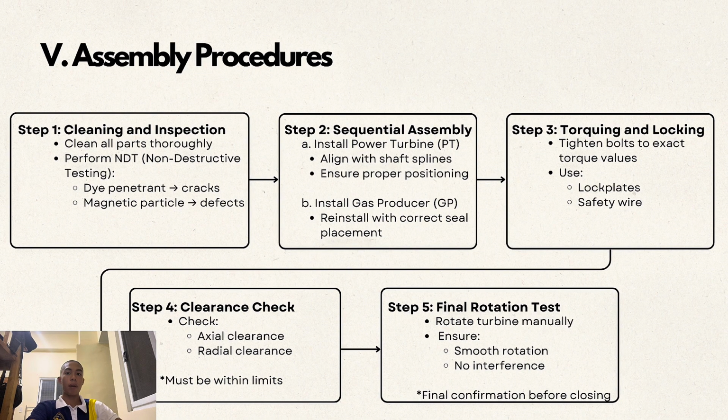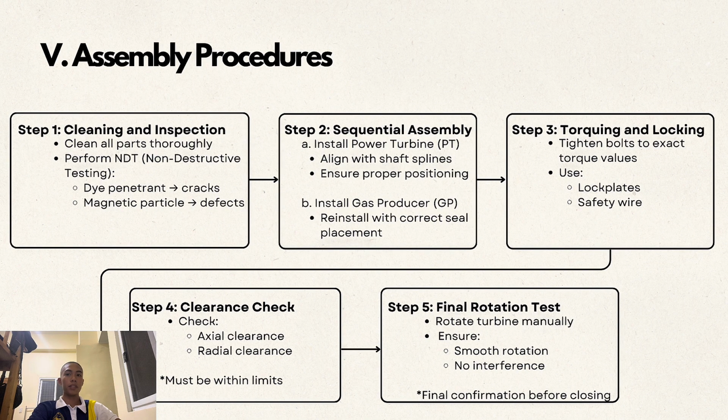Next, we assemble the power turbine section, which consists of the third and fourth stages. Install the PT support assembly and number 6 and number 7 bearings. Insert the power turbine shaft and mount the third and fourth stage wheels.